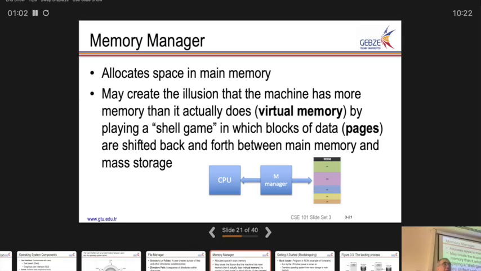You have multiple applications running, and they are trying to be in certain places, and there is a system unit, hardware connected, called the memory manager. Memory manager allocates space in memory for multiple programs.